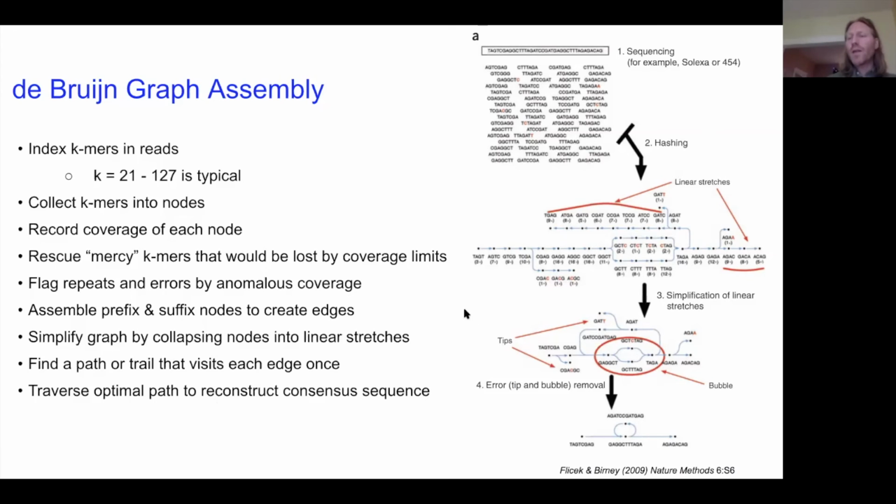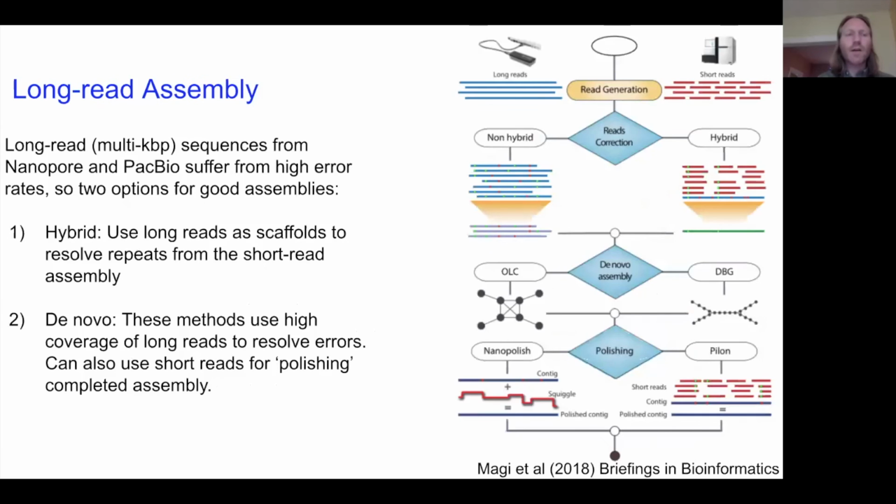What you end up with is a very complex graph, and the idea is to essentially pull that apart in order to make the longest contiguous sequence that visits each edge in the graph only once, and then output those as contigs. So in very quick terms, that's how the de Bruijn graph assembly works, and people are constantly getting more and more clever at doing this in order to get the best possible assemblies out of your data.